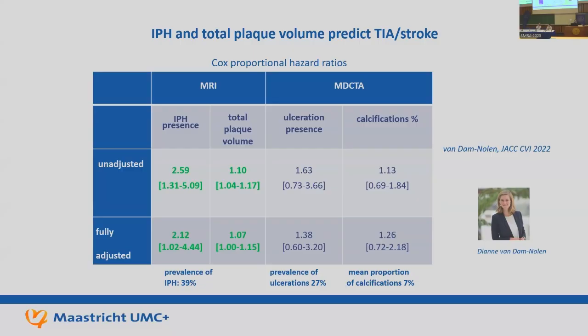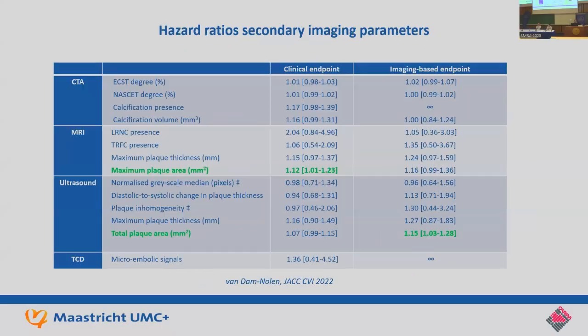So both primary MRI parameters were significantly associated with ipsilateral stroke risk, while the MD-CTA parameters did not reach statistical significance. So MRI is actually superior in these patients to predict TIA and stroke risk.